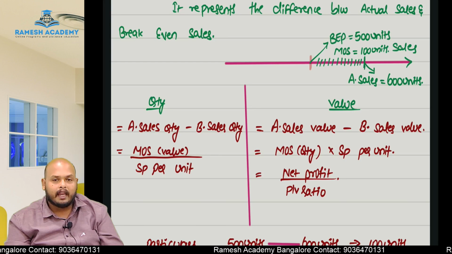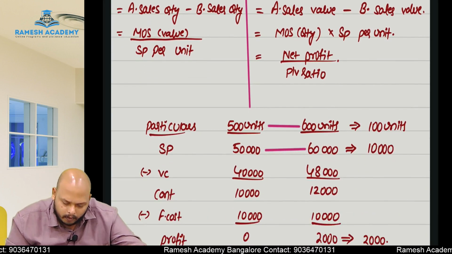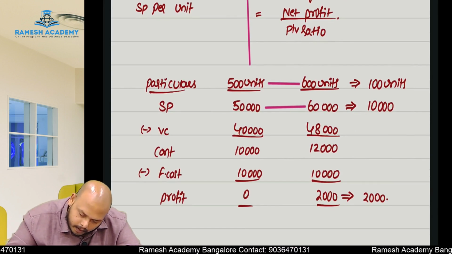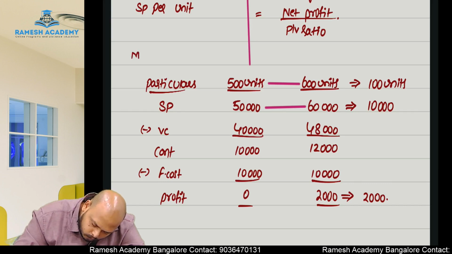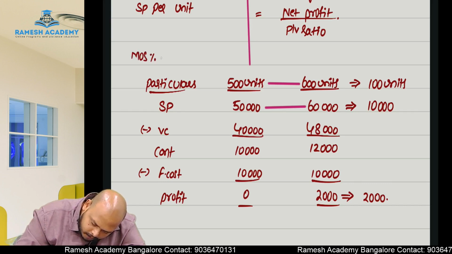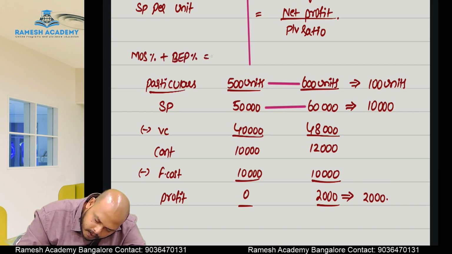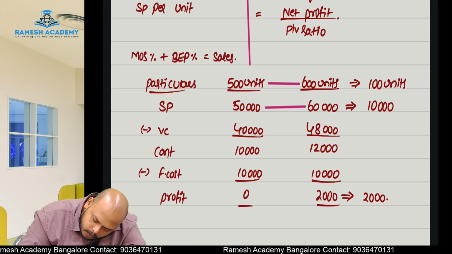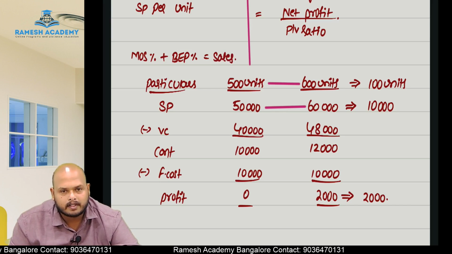Understood? Again, there is one universal formula. Margin of safety plus break-even point is equals to sales. Sales is equals to break-even point plus margin of safety.